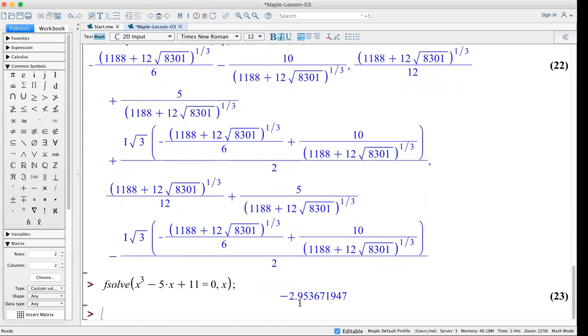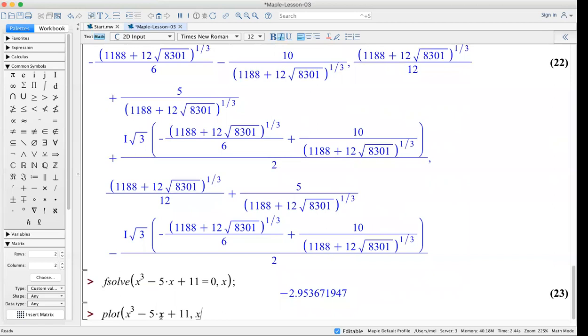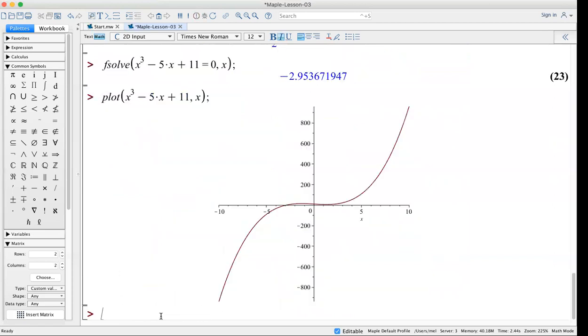And it looks like there's one solution. If you want to check graphically, you can plot the function. That's what the graph looks like. It looks like it crosses the x-axis close to -3.